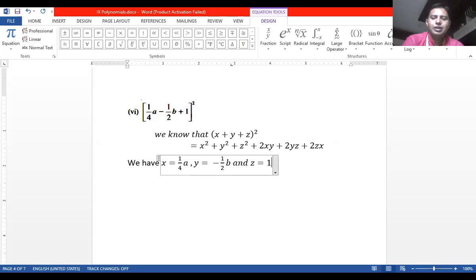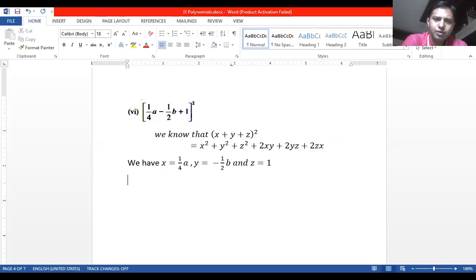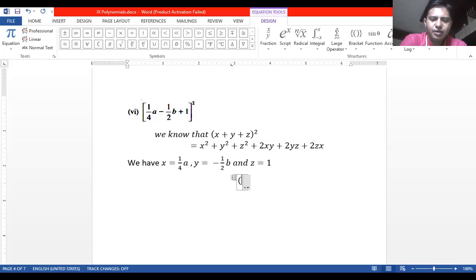We substitute the values here. So x square will be 1 by 4a whole square, y square will be minus 1 by 2b whole square, and z square is 1 square only, so it will be 1 square.